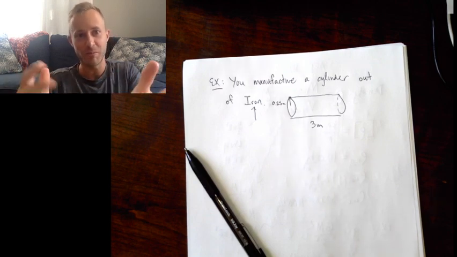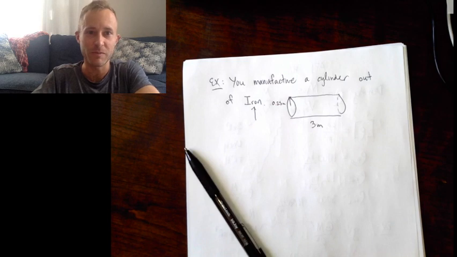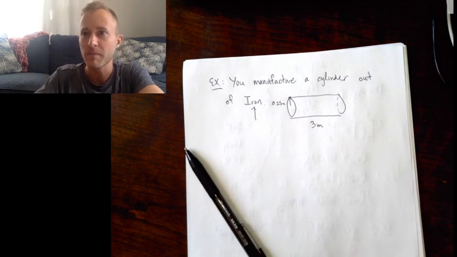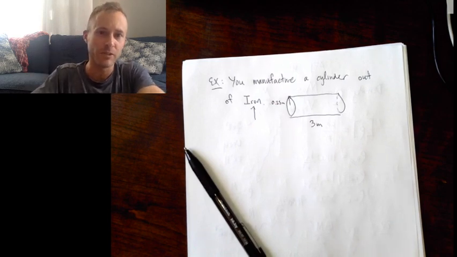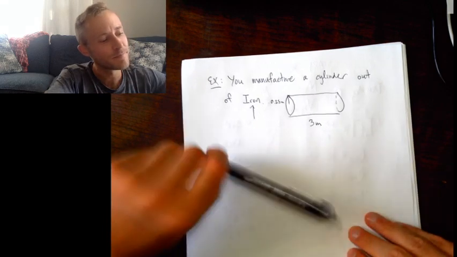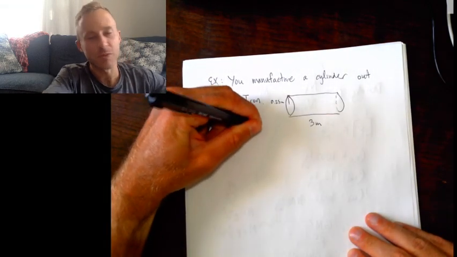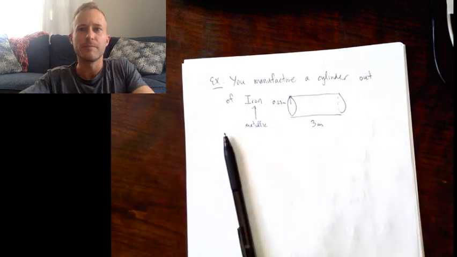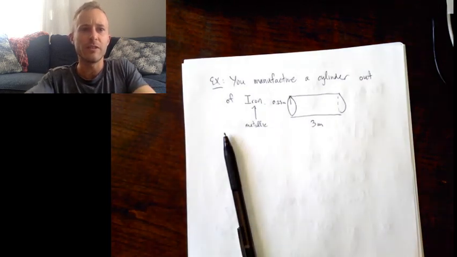So there's completely different versions, allotropes of carbon. So I'm going to look up, say this is metallic iron, because that's going to be more specific. So I'll look up density of metallic iron.